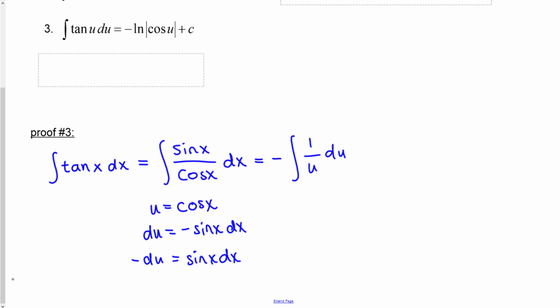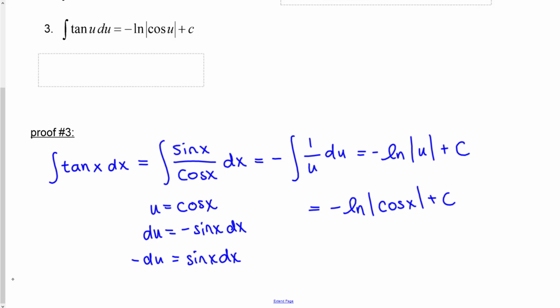So it's going to become negative natural log of the absolute value of what's in the denominator, which right now is u, but was originally cosine. So this becomes negative natural log absolute of cosine x plus c. And that's the reason the integral looks the way it does.